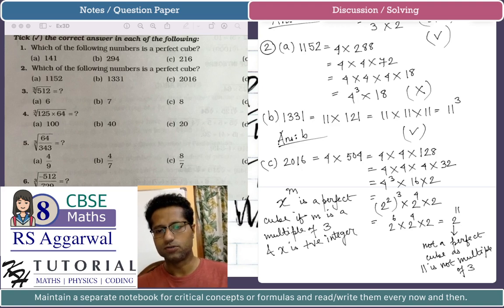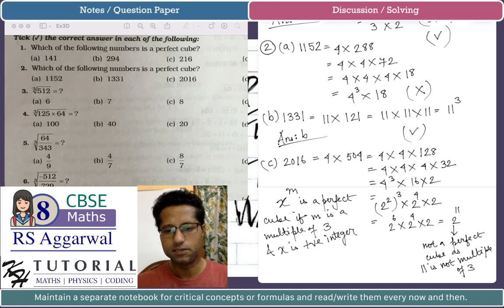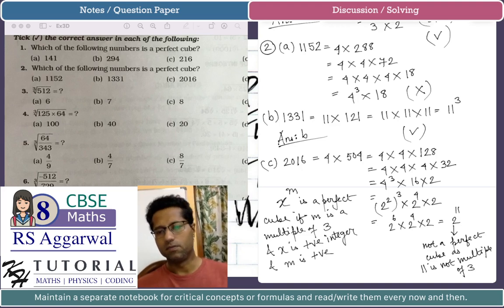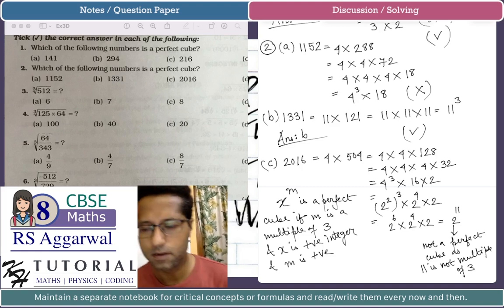x to the power m is a perfect cube if m is a multiple of 3 and x is a positive integer, and also m is positive. m cannot be negative, because if m becomes negative, then it will become 1 by something. A negative power means it's a reciprocal, so it will no longer be a natural number.